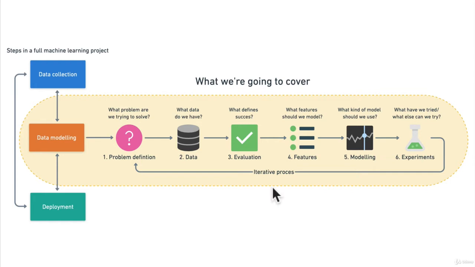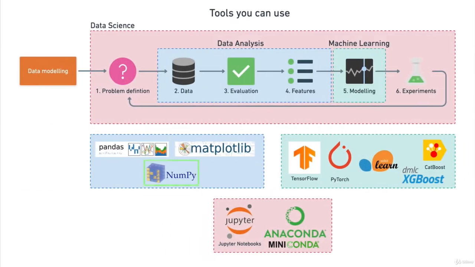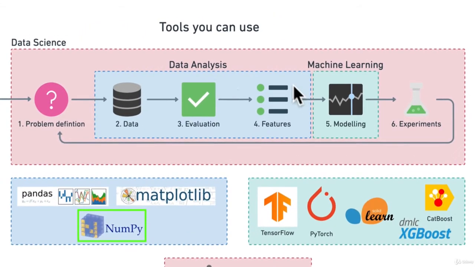So if we refer back to our machine learning modeling framework, we've got step 1 is problem definition, step 2 is data, evaluation, features, modeling, and experiments. And then if we have a look at what tools we can use, in this section we're going to be focused on NumPy. NumPy comes into the data analysis section.